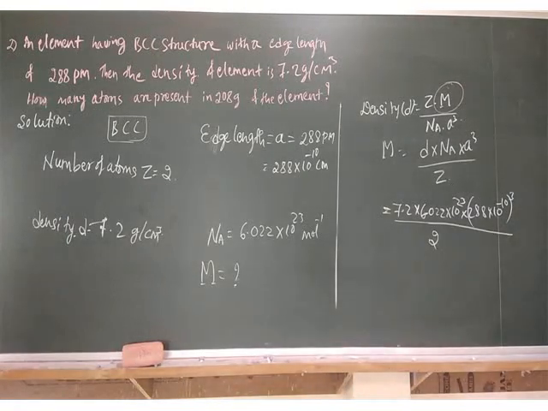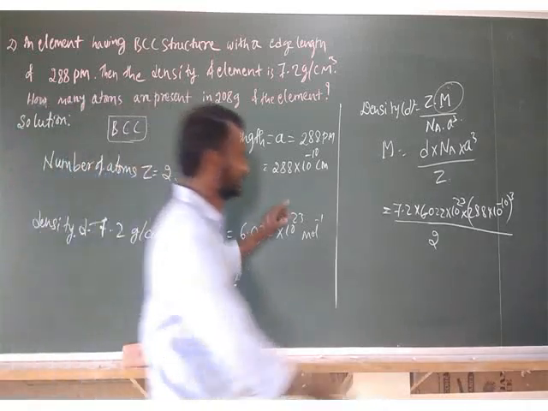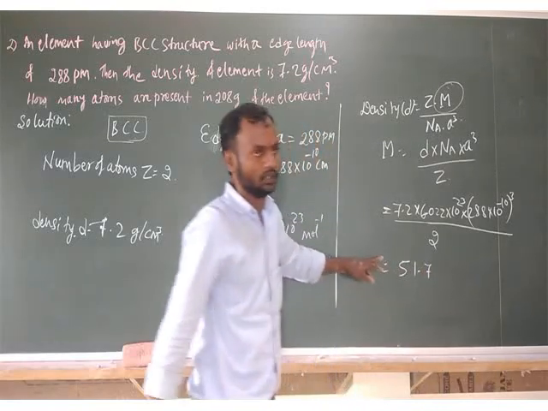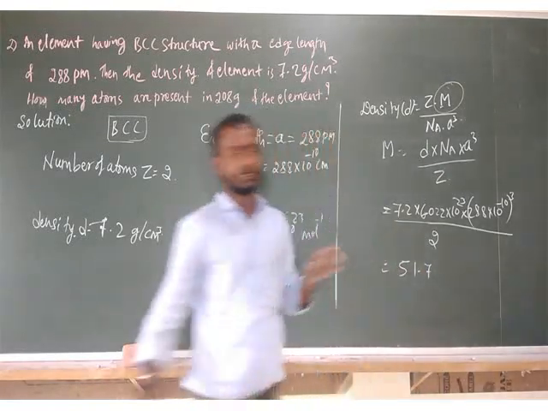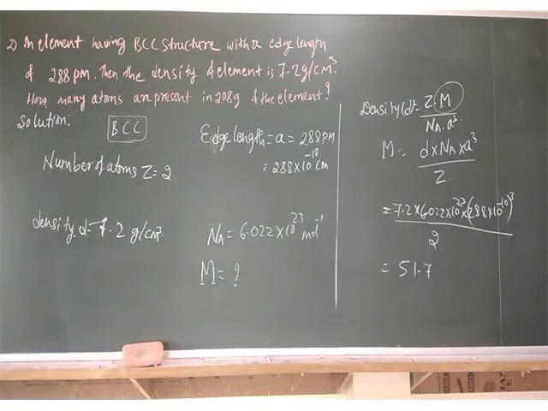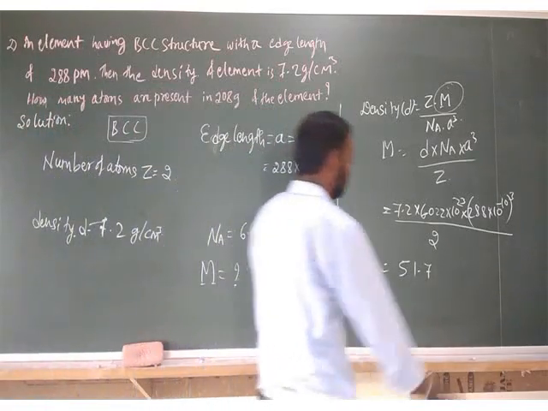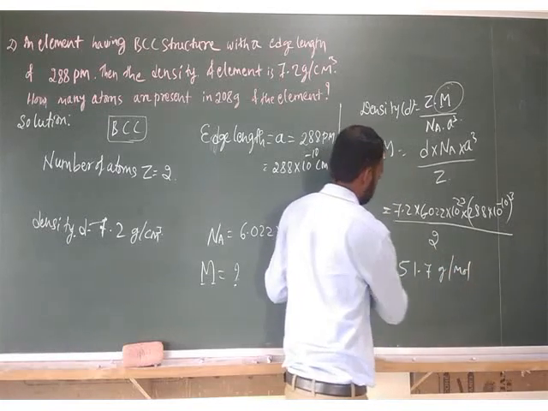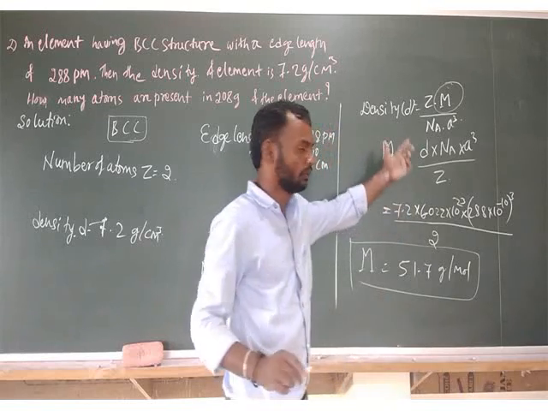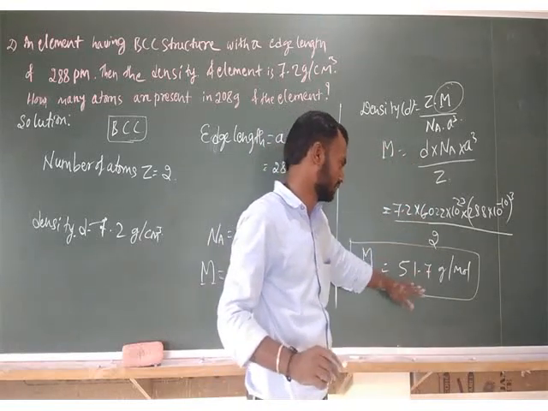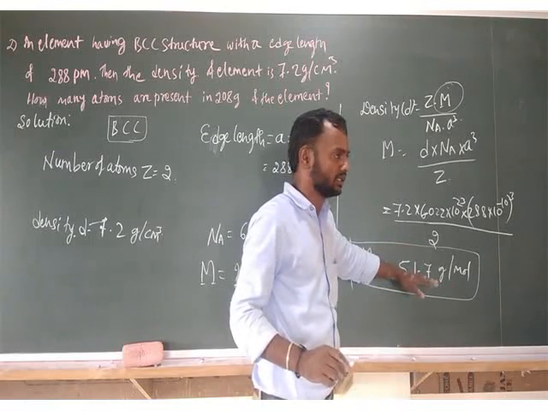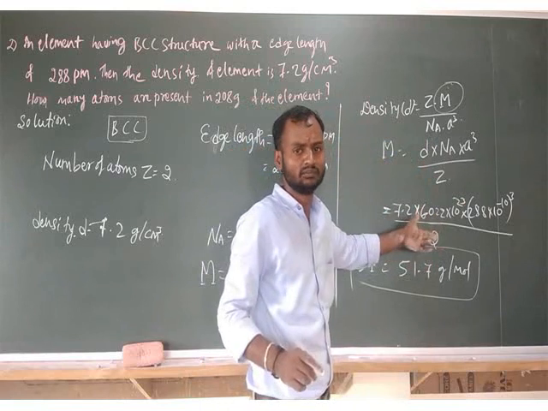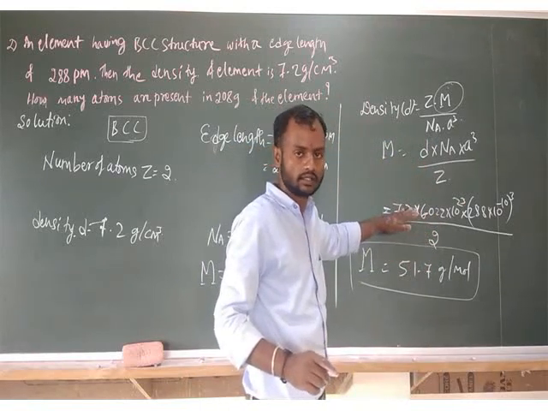Therefore, the molar mass M is 51.7 gram per mole. By substituting all these values in the above equation, finally you will get the answer: 51.7 atoms are present in 208 gram of element. Clear, students?